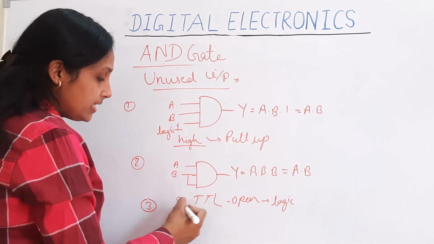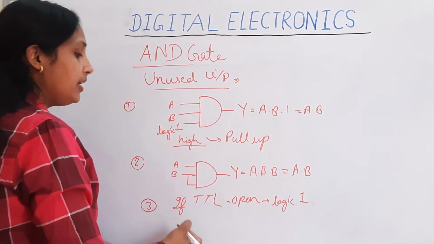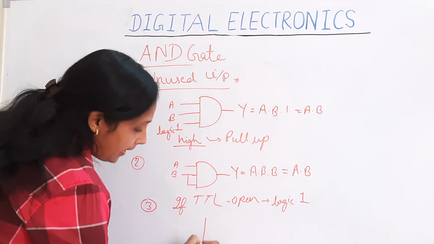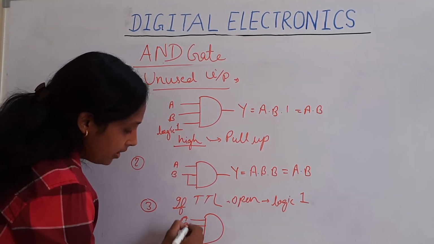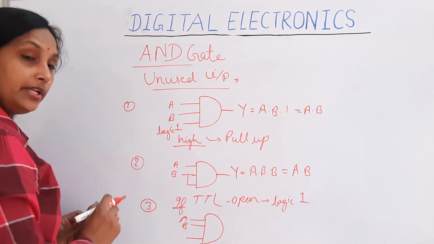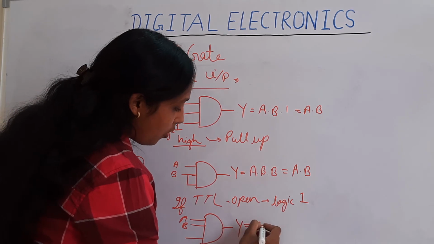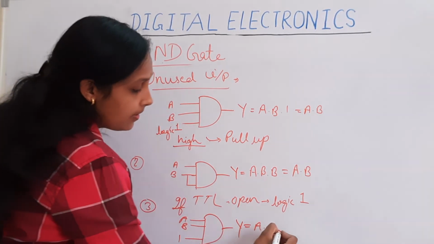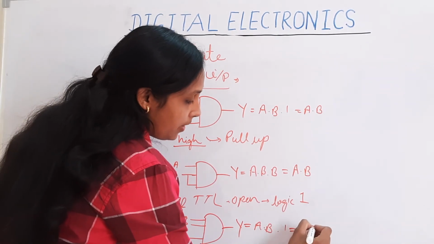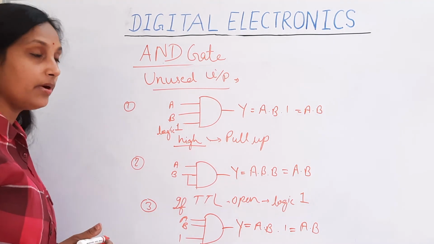If it is TTL, you can leave the pin open, because an open TTL input is always logic 1. Here we will only note that in a TTL circuit an open input is logic 1. So don't connect this pin anywhere, you can leave it open. The output will not change, because A dot B dot 1 is equal to A dot B.